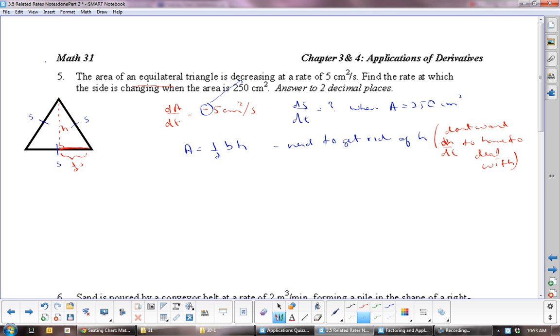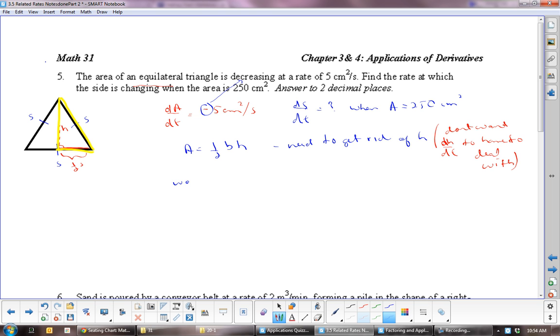Okay, so we do have the way that we can relate S to H. We can use Pythagoras, right?